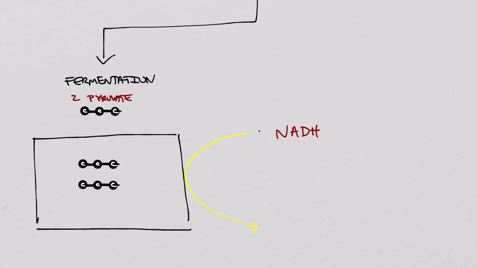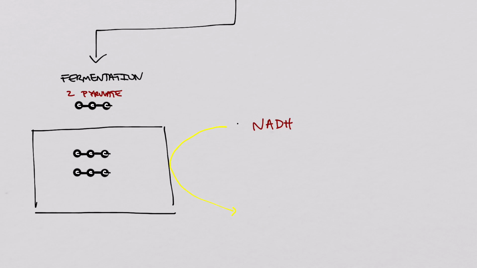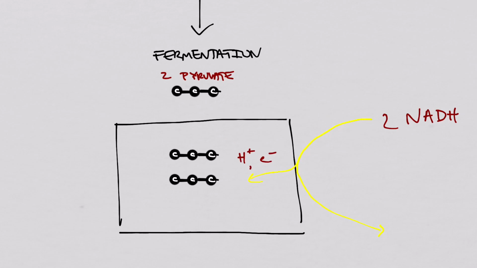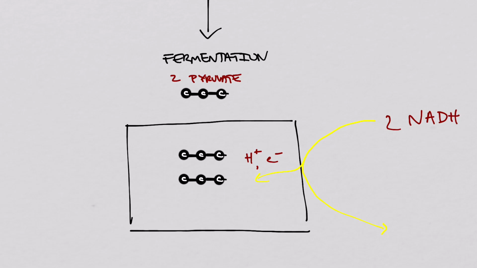And let's draw that in red. So 2 NADH. They're going to come in and drop off the exact same two things that they picked up before. They drop off hydrogens and high energy electrons, and this pyruvate is reduced.